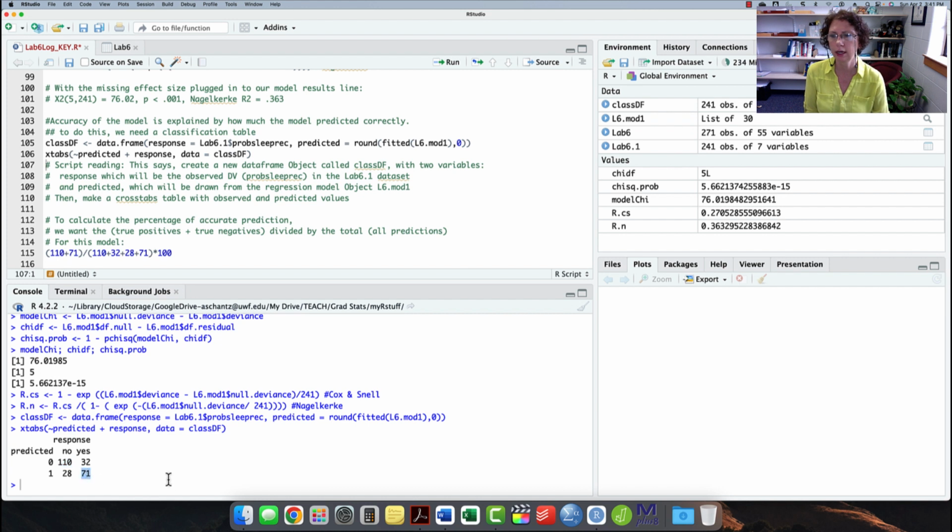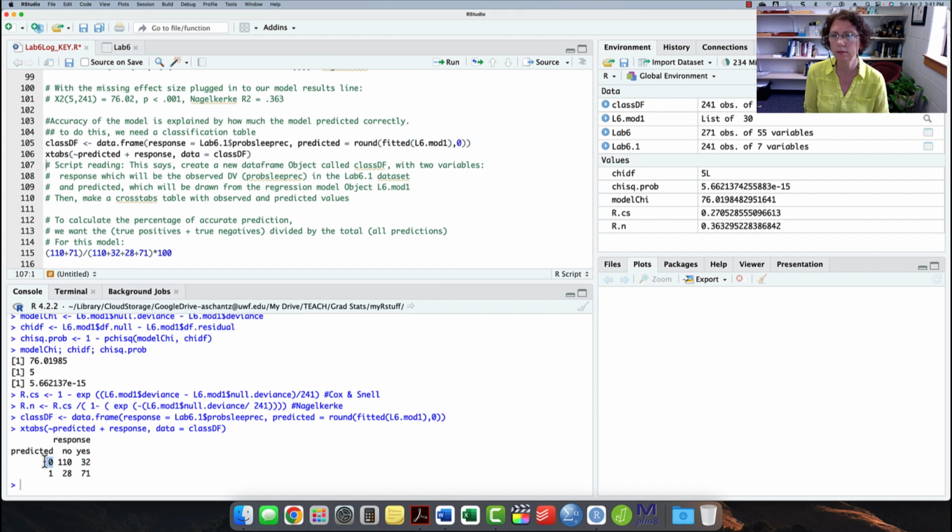Similarly, the times that our model predicted yes, because yes is 1, predicted yes and the response was yes, was 71 times, and that is a true positive. The other two are false. This is a false negative.